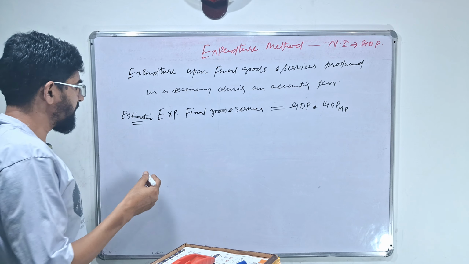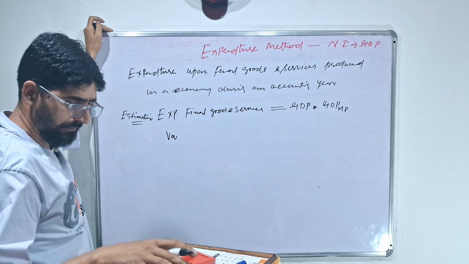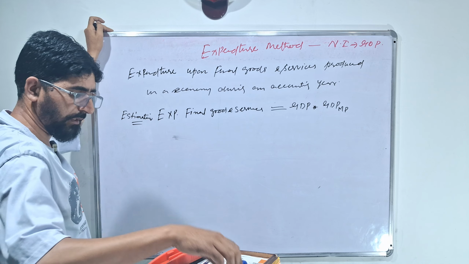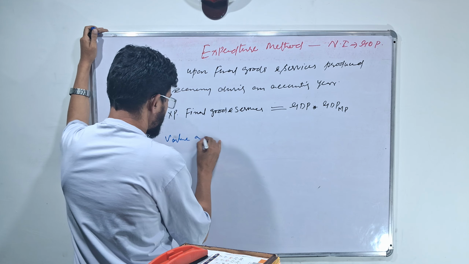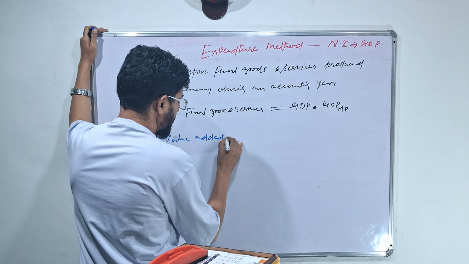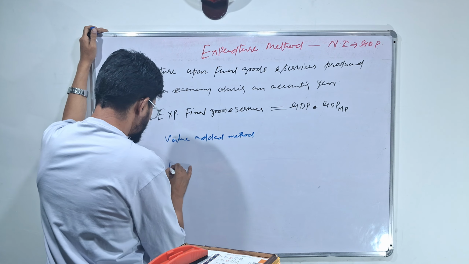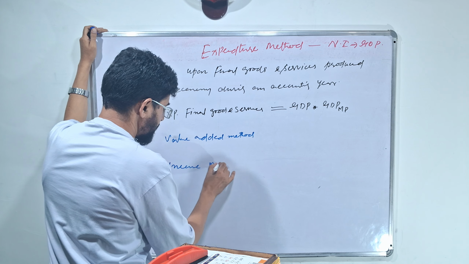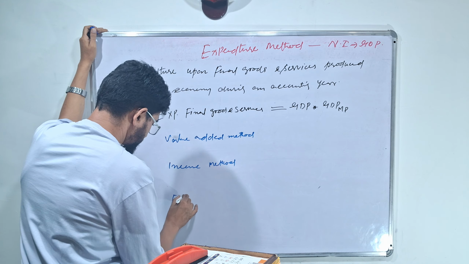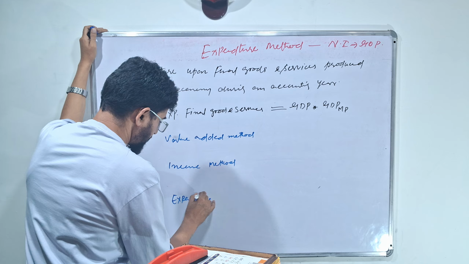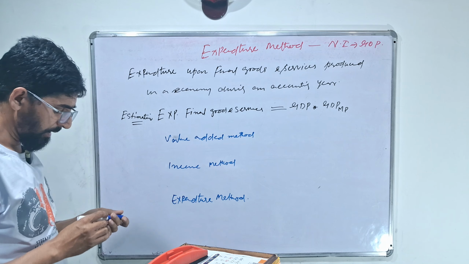First we read the value added method, or output method, then the income method. Third one is the expenditure method.